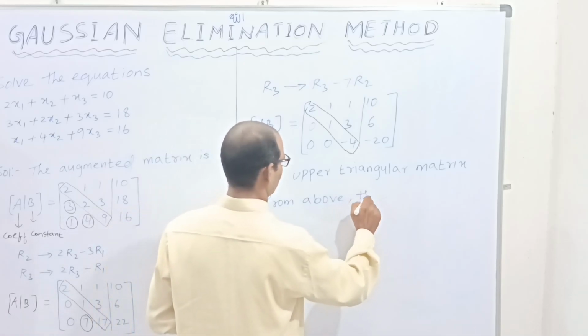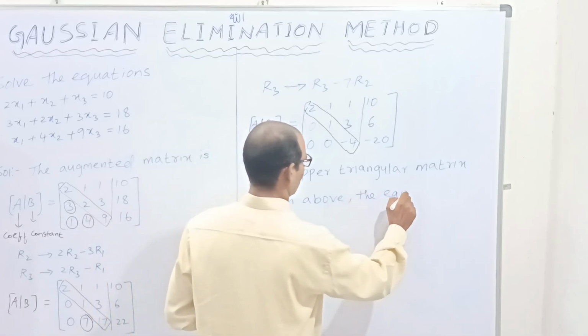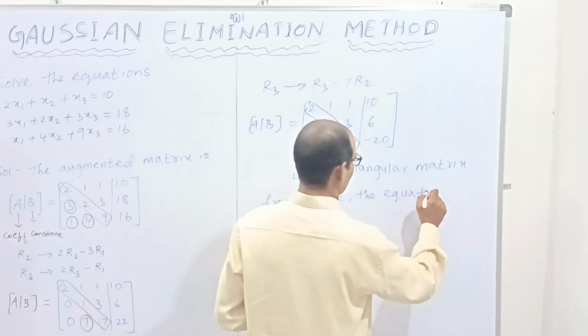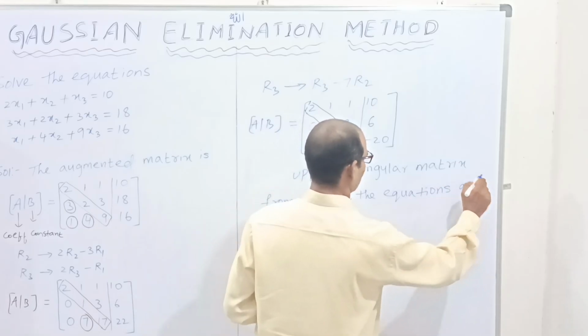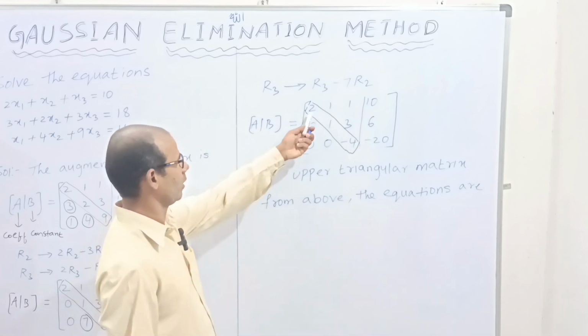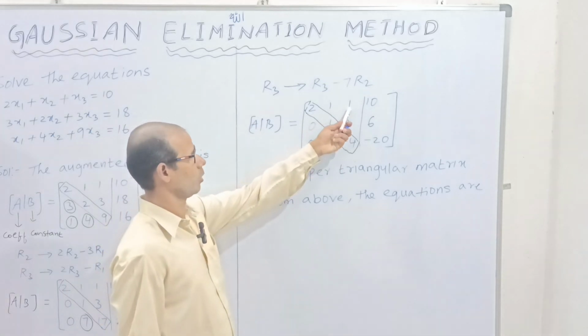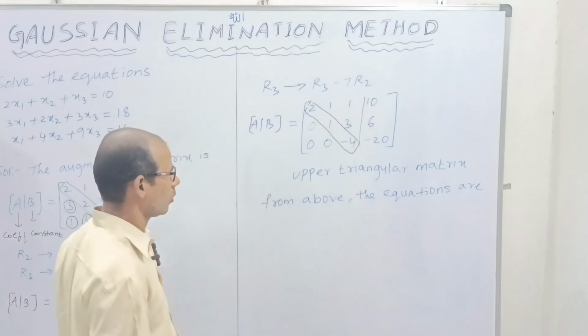This is the coefficient of x1, this is the coefficient of x2, this is the coefficient of x3, and this is the constant on the right hand side.